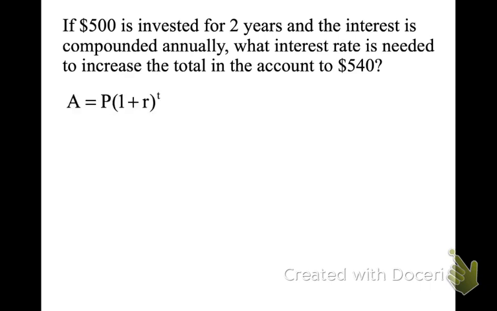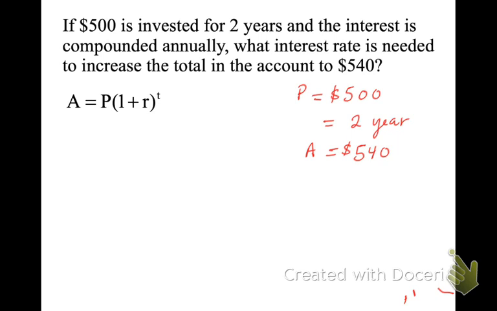So let's start with our equation, and let's look at what they give us. 500. They give us 2 years. And they give us 540. And so this is money. 540 is the total in the account. That is the A. 500 is what they started with, so that's my principal.